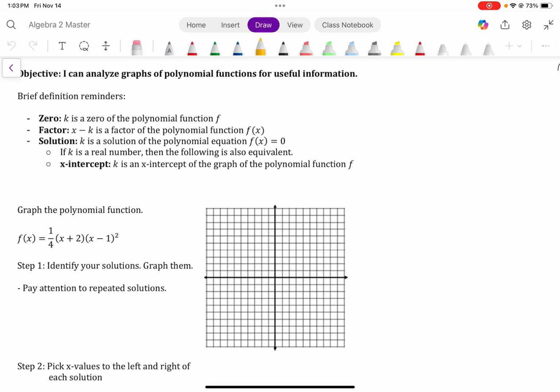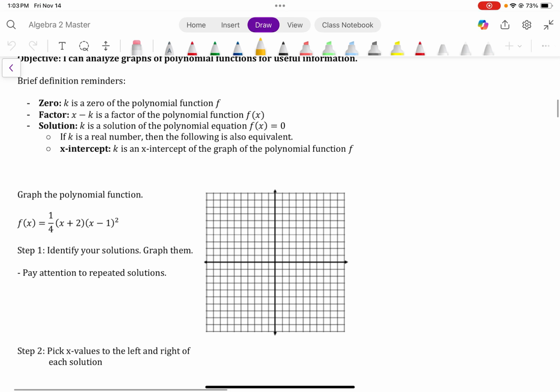And if k is a real number, so it's a rational or an irrational number, that's also going to be an x-intercept. So in this first graph, we are given a function that's already in factored form, which is why I want to make sure we know what a factor is. Step one is find your solutions. In factored form, it's super nice because I have x plus 2 equals 0, x minus 1 equals 0.